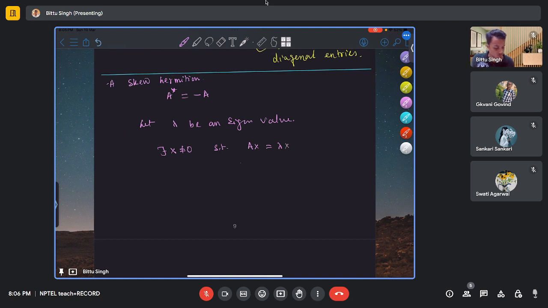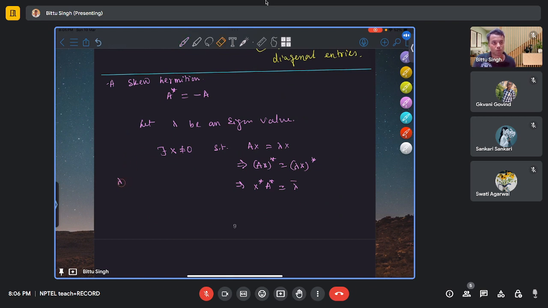Then if you take the conjugate transpose, we get x star A star equal to lambda star x star. For lambda, lambda star is actually lambda bar. You can think of lambda as a 1 by 1 matrix.